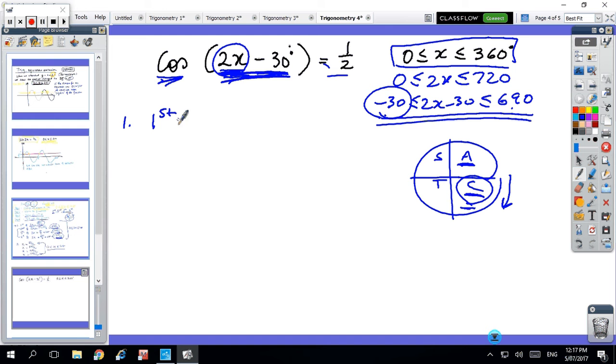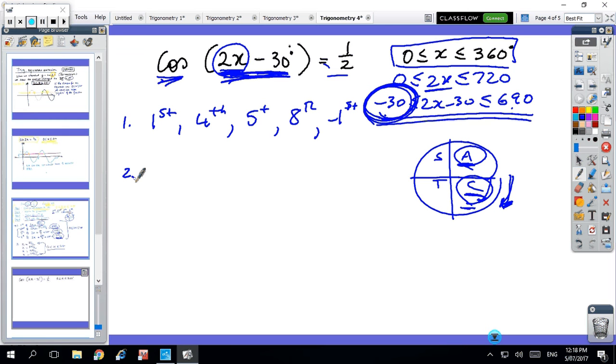So we've got first quadrant, which is that answer, fourth quadrant, and then we're doing 2 laps. So we've got fifth quadrant and eighth quadrant. And then because we've got a minus 30 as part of our answer, the only way you can get negative answers is to have a negative first. Like it's going backwards into this quadrant where cos is going to be positive.